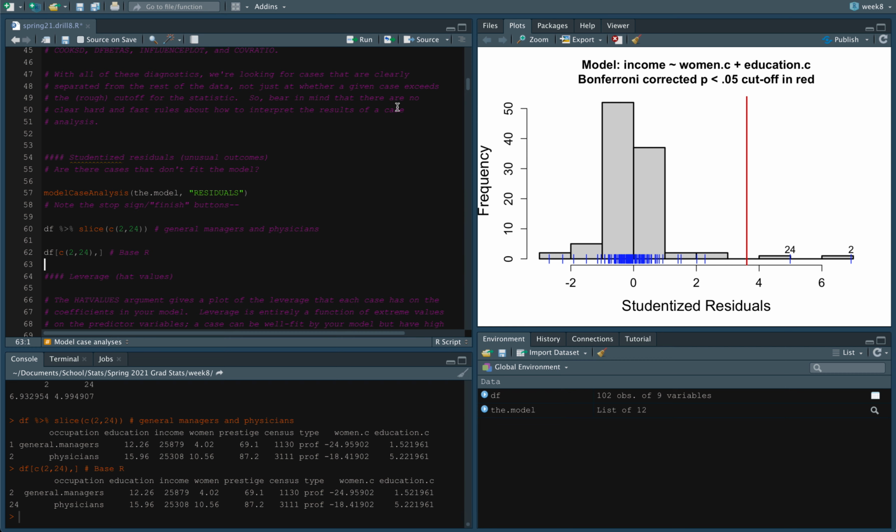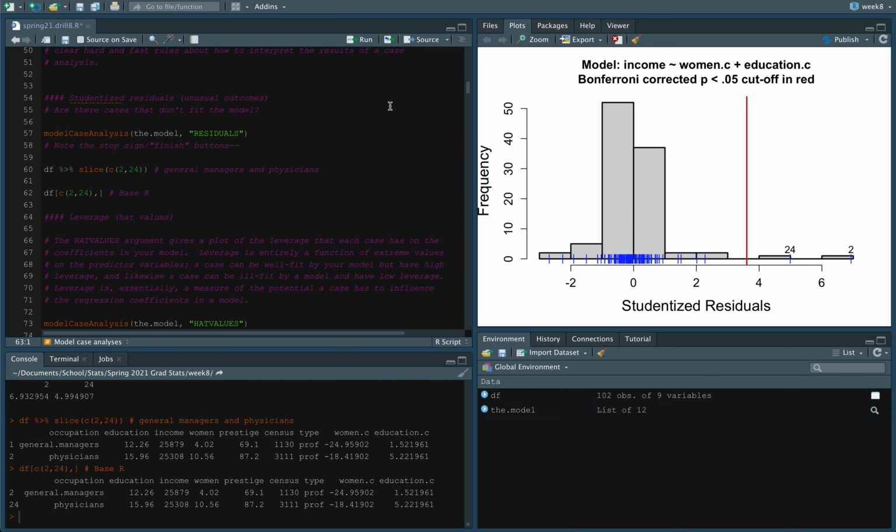Some of these other things, for instance, now moving into our leverage or the hat values. Leverage is a function of extreme values on the predictor variables. One way to think about this is that leverage is an unusual combination of predictors.